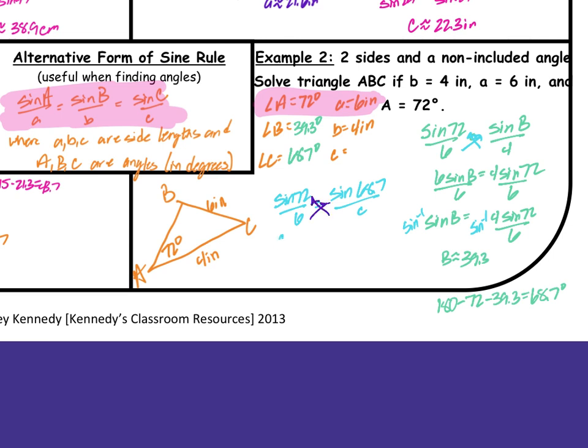And I get C sine of 72 equals 6 sine of 68.7. Divide by sine of 72. And C is approximately going to be equal to 5.9. So it's 5.9 inches.